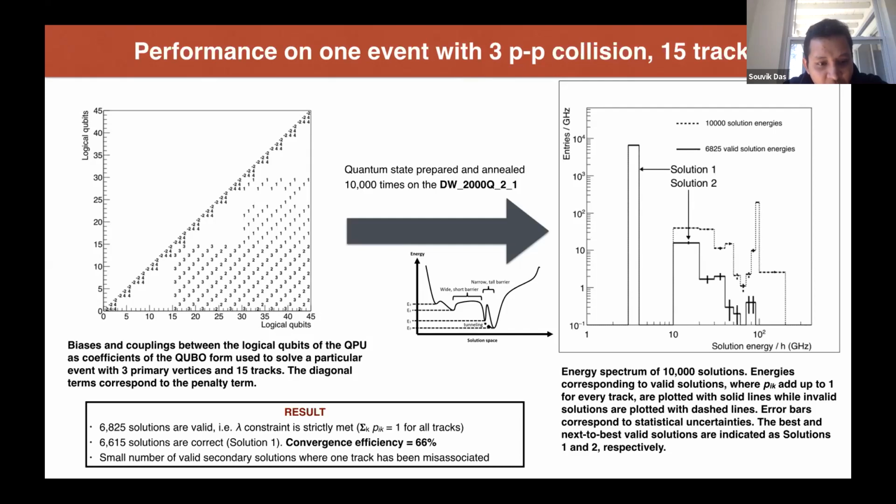Of those, 6,615 solutions are correct with respect to the Monte Carlo truth. So we decided that the convergence efficiency for this algorithm is about 66%. The small number of valid secondary solutions are typically where one track got misassociated with some other vertex that was not the originator of that track.